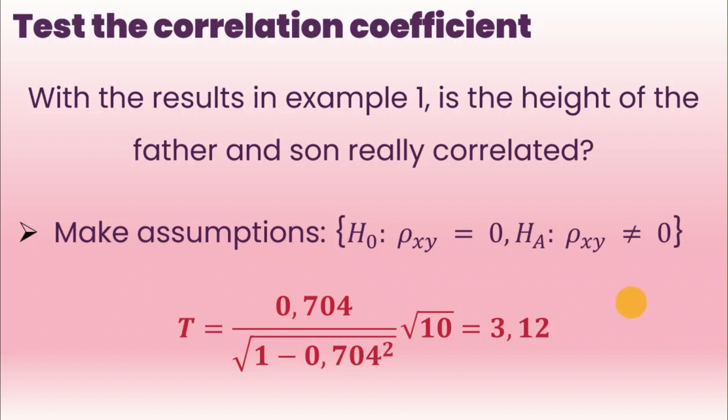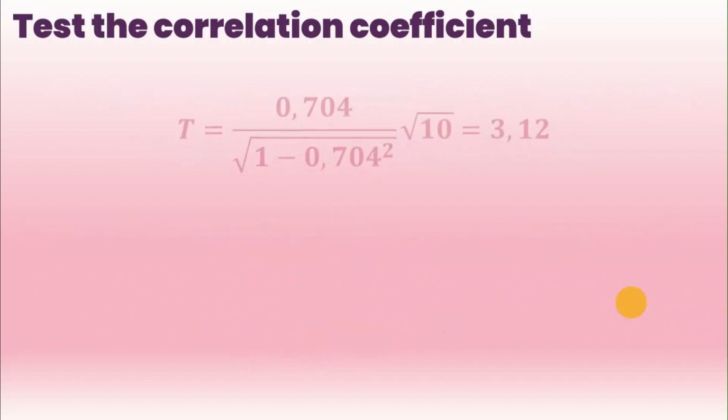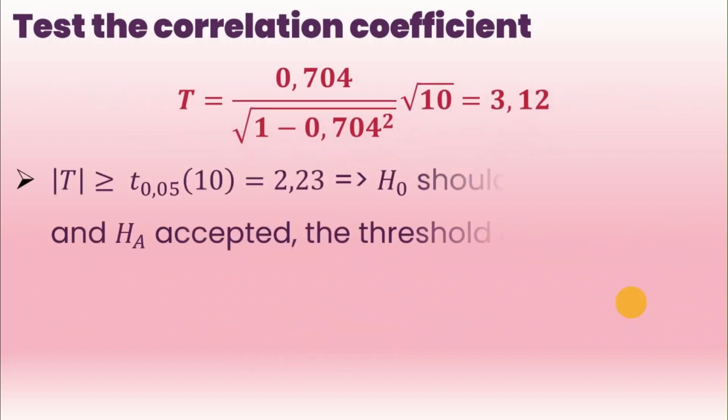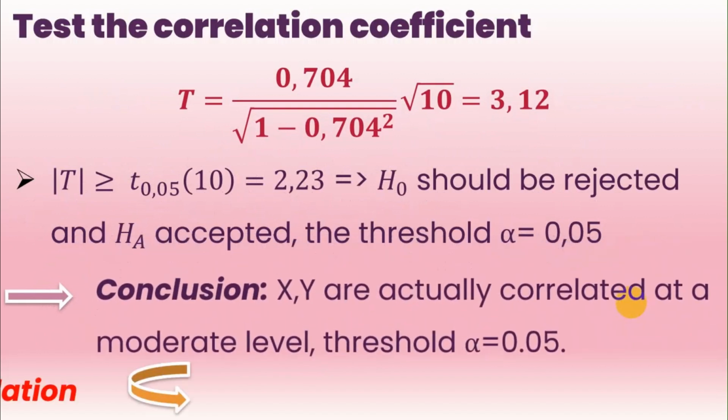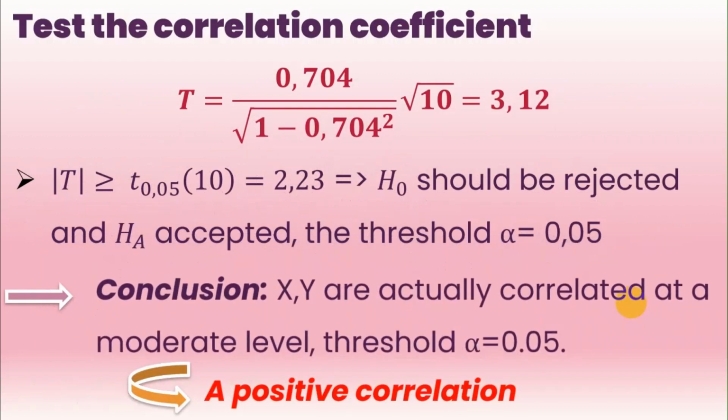The threshold alpha equals 0.05. Finally, conclusion: X and Y are actually correlated at a moderate level, with threshold alpha equal 0.05. This is a positive correlation.